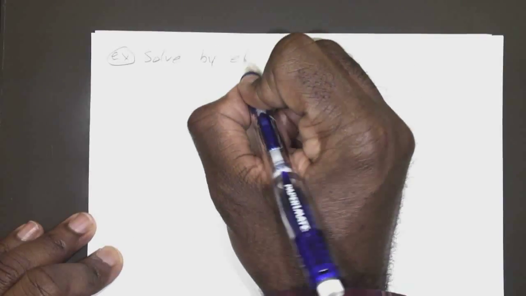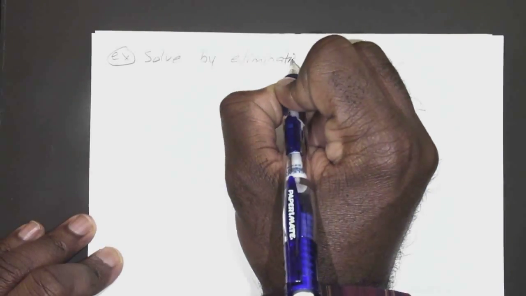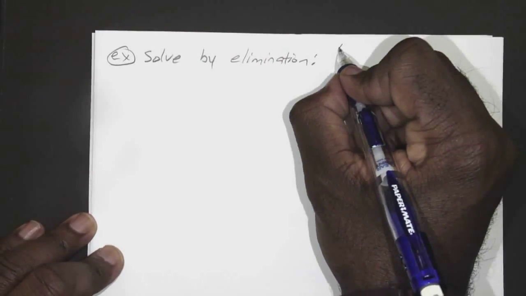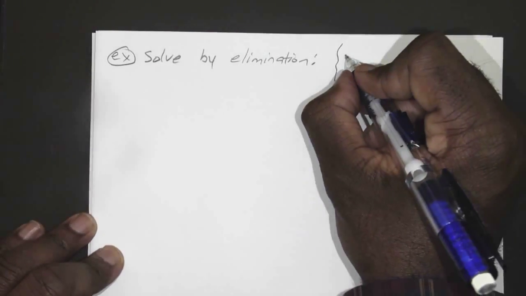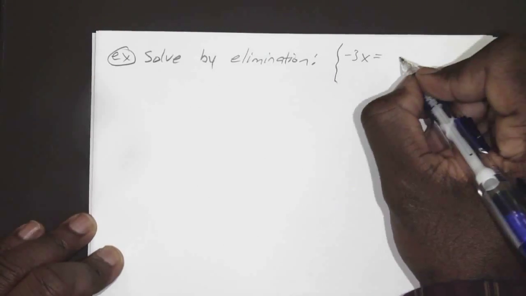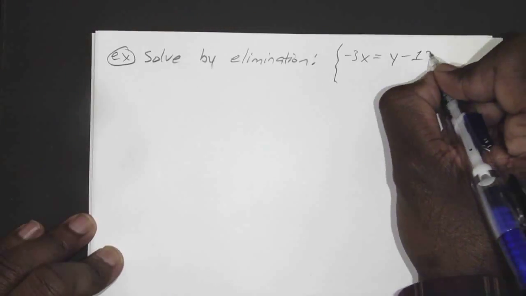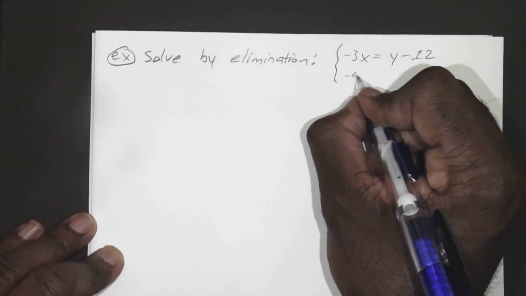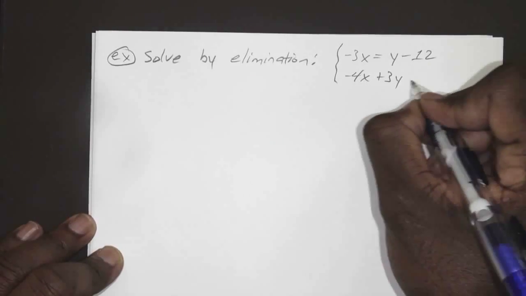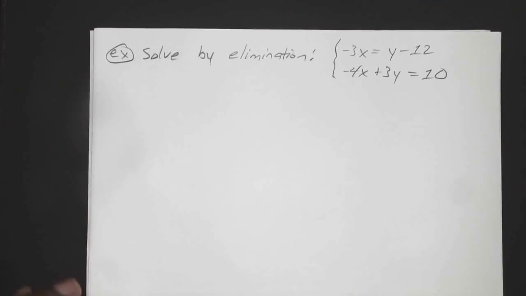Okay, so solve by elimination: negative 3x equals y minus 12, and negative 4x plus 3y equals 10. So your first step is always to make sure it's in standard form.